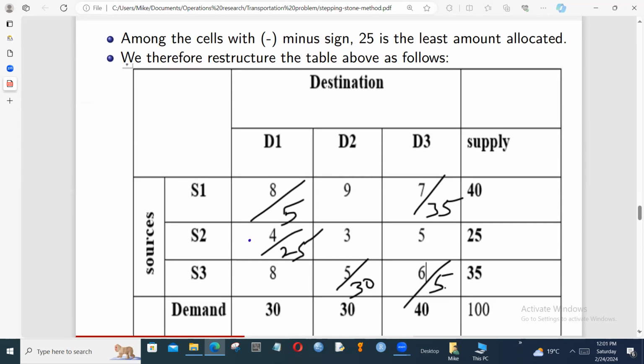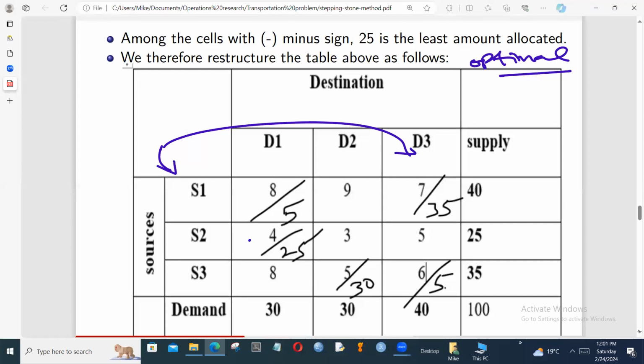And we still see the row totals and column totals balancing, so that doesn't change. And so now, again, we don't just at this stage conclude that this is actually the table that is going to give us the optimal amount of cost required to transport goods from the 3 sources to the 3 destinations. We must again test whether this is actually optimal.